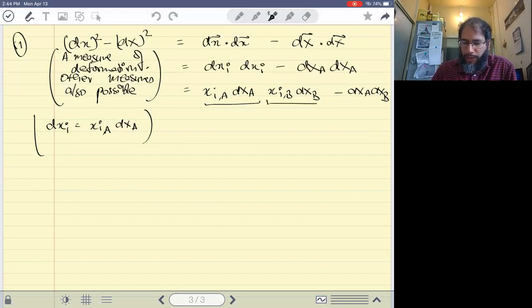I've written the second dxi as xi comma b dXb. The reason I've chosen a and b as separate indices is because they are repeated indices here, so we should make sure that they do not appear more than 2 times. Otherwise, it has no meaning. So we choose a and b separately as 2 different indices.